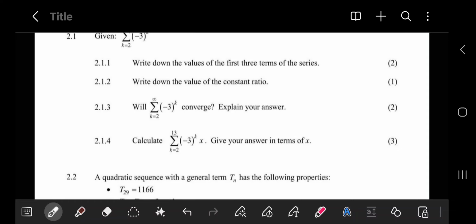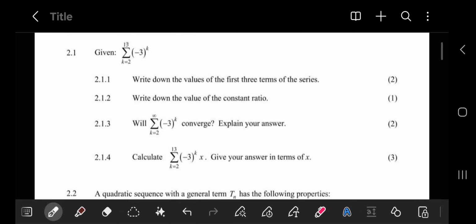Now for 2.1.3, they ask you, will this sum converge? And notice what they've done, okay? They have replaced the 13 at the top with infinity. So what they've done is they've tried to create a sum to infinity out of it. And they ask you, if we have to take this as a sum to infinity, will it converge? And explain your answer.